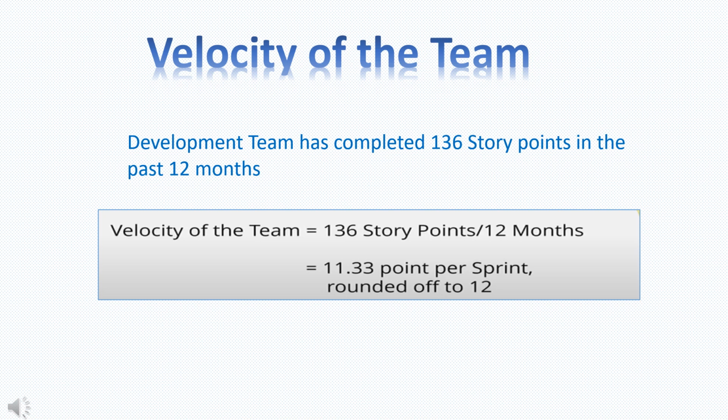To calculate velocity, we take 136 and divide by 12, and the result is 11.33. So on average the team has completed 11.3 story points per sprint. So therefore the velocity for the team is 12. It is not 11. Remember, you always round up when you are calculating velocity.